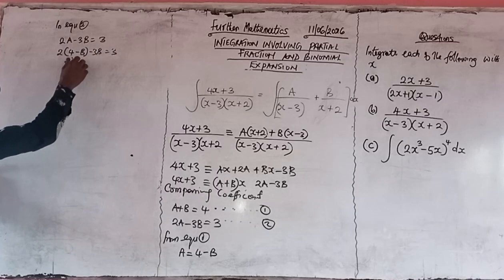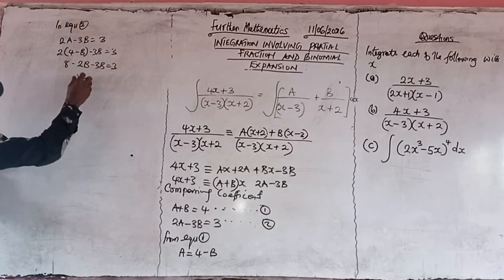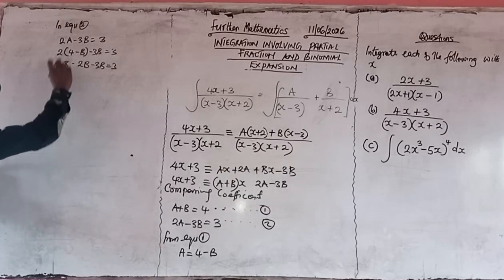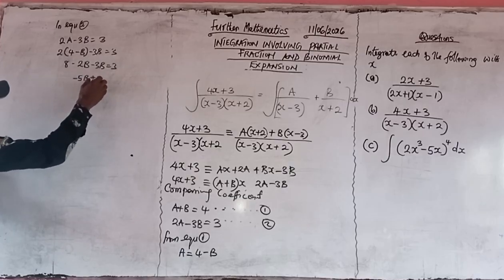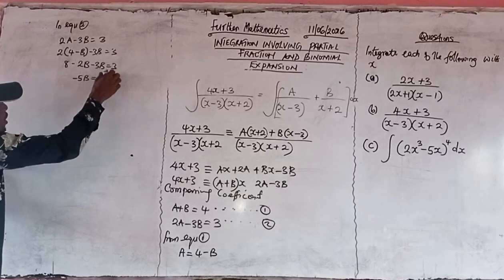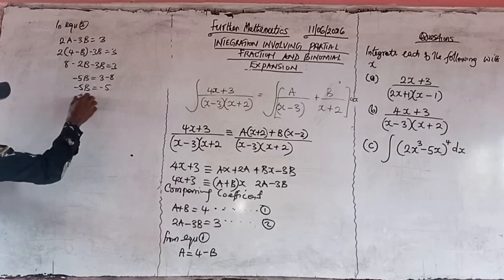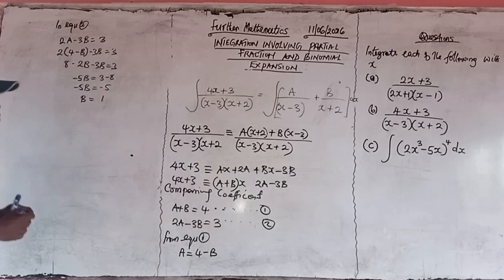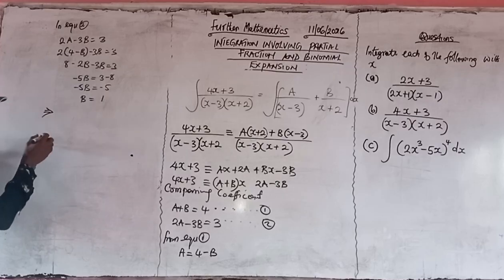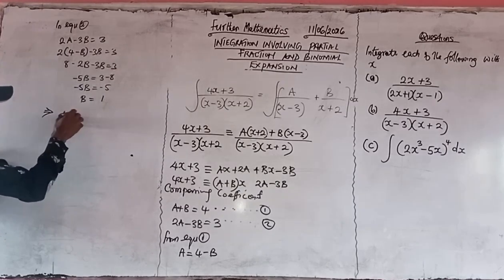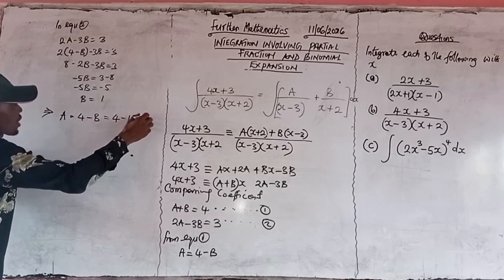Therefore, 8 minus 2b minus 3b is equal to 3. I can decide to take this 8 to this side. I'm going to have minus 5b is equal to 3 minus 8. Minus 5b is equal to minus 5. Therefore, b is equal to 1. So if b is equal to 1, this implies that our a, which is equal to 4 minus b, is equal to 4 minus 1, and that is equal to 3.